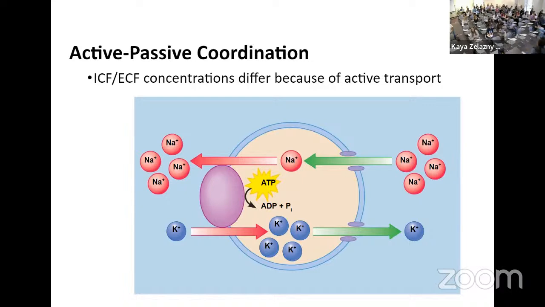We want to maintain our blood chemistry kind of stable. The blood, the plasma, is a type of extracellular fluid, just as an example. So we have this coordination between our different processes happening. They get kind of complex.